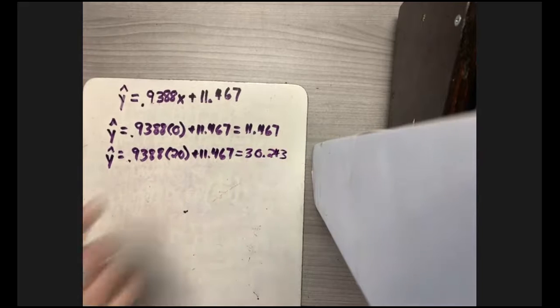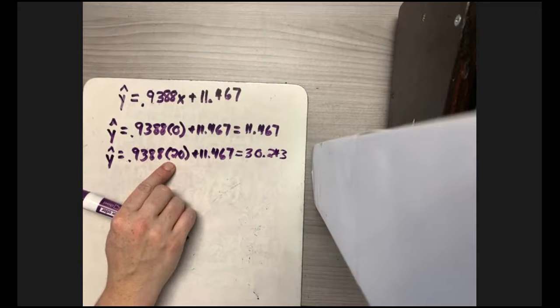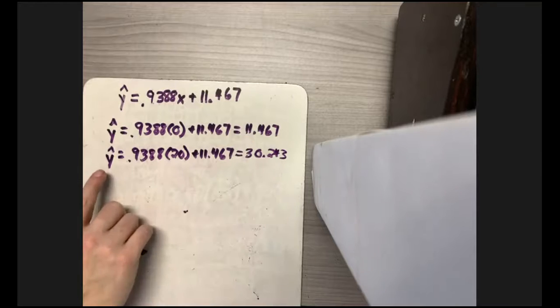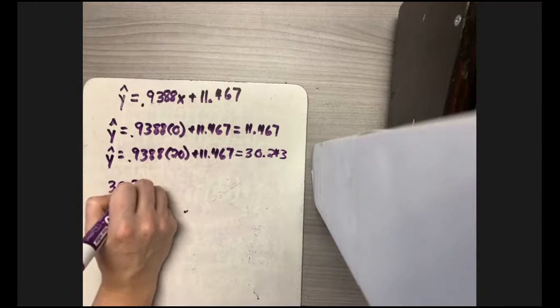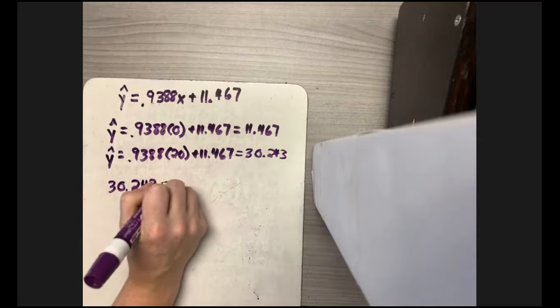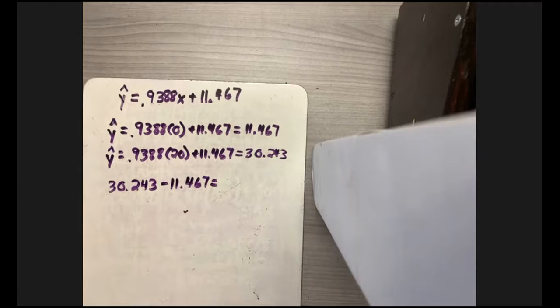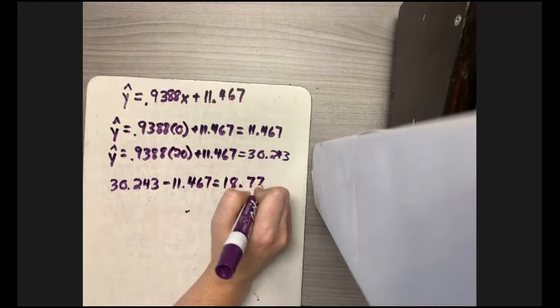For this one, I get 30.243. Now what I'm doing here is that the 0 and the 20 put them at 20 million apart in 2006. This gives me the projected budget of where they would be in 2012. So to figure out how far apart they are in 2012, I'm going to subtract the 30.243 and the 11.467, and I get 18.776.